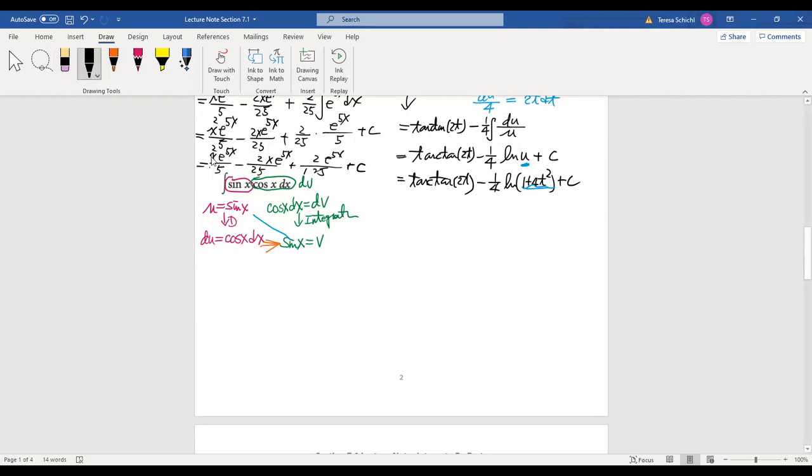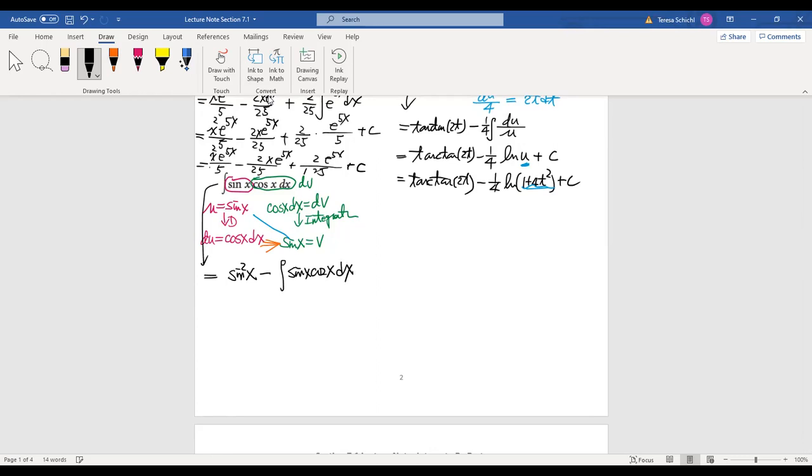Okay, so let's write that out. It's equal to uv, u and v, so it's sine squared x, minus the integral of v du, minus the integral of sine x cosine x dx.